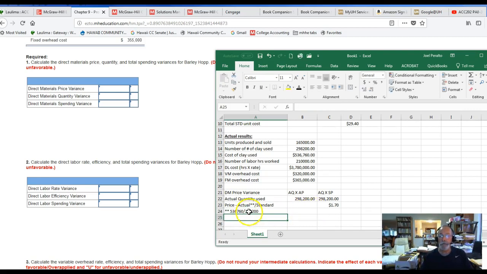Okay, so this calculation is going to give us our actual price, $536,760 divided by 298.2. That's $1.80. Why don't we put that in there?